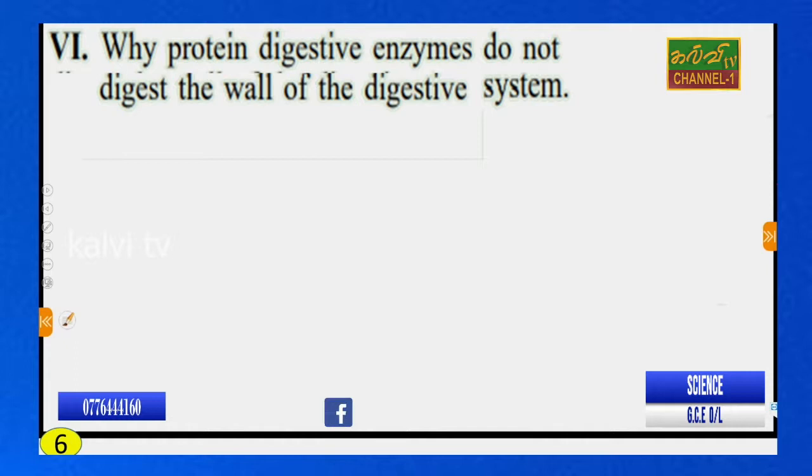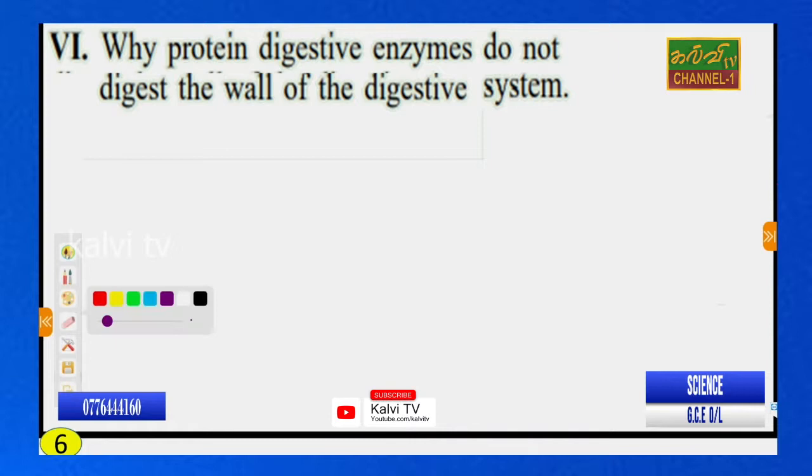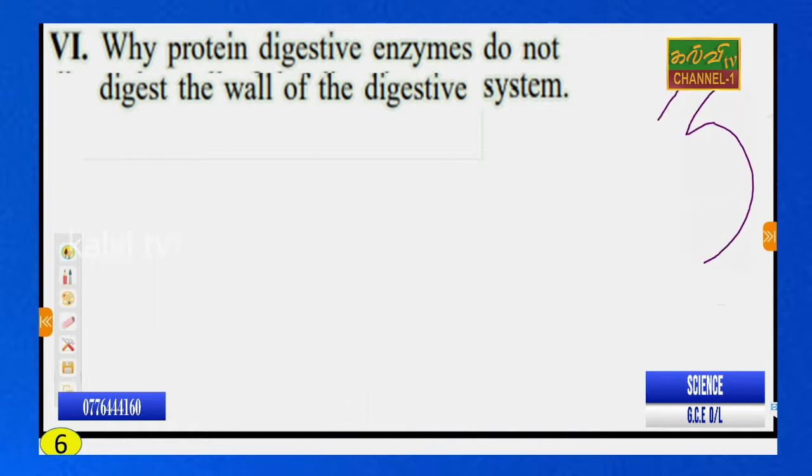Why don't protein digestive enzymes digest the wall of the digestive system? We already discussed this. The digestive system, not only the stomach, is completely covered inside by mucus.